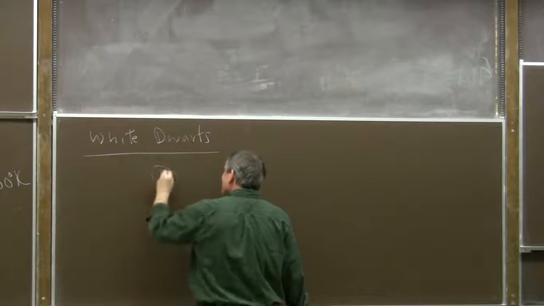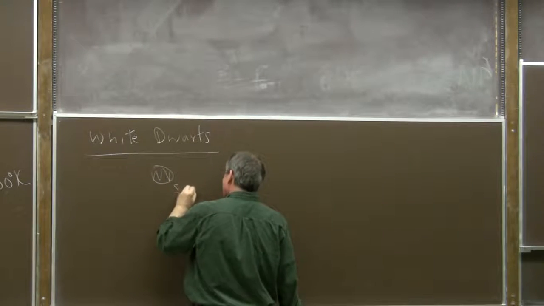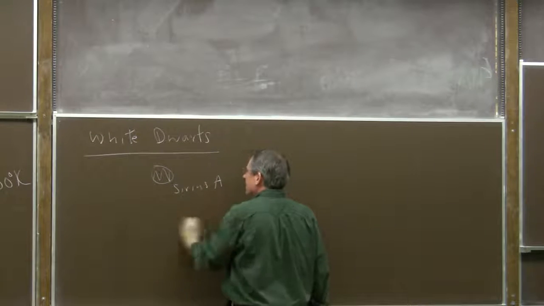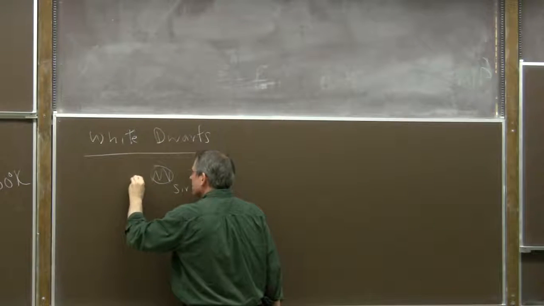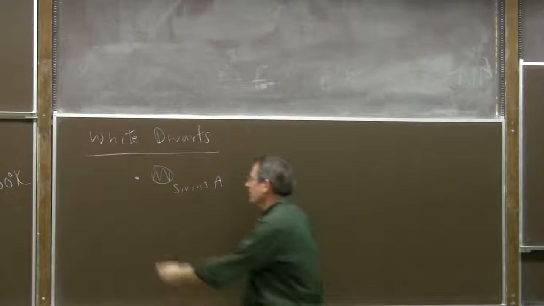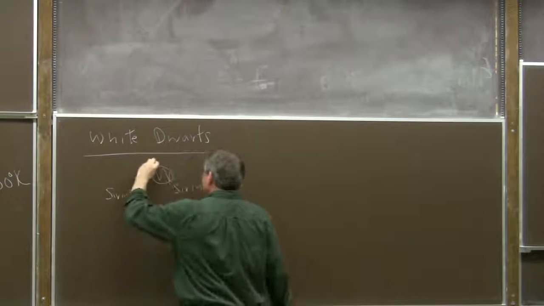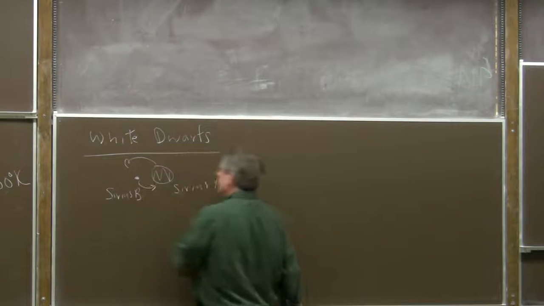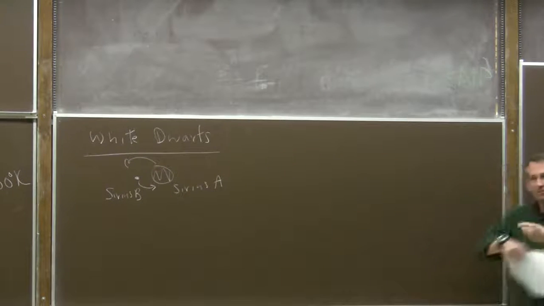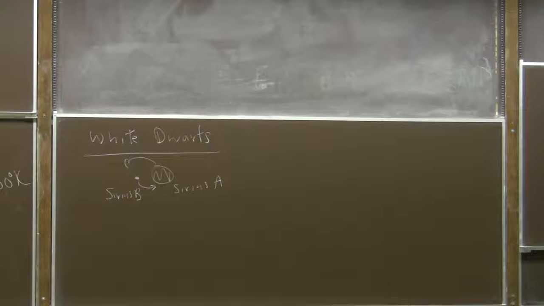Sirius, or Sirius A, the bright star, has a relatively dim companion, which is called Sirius B, and they are rotating around one another. Or I guess you call that revolving.